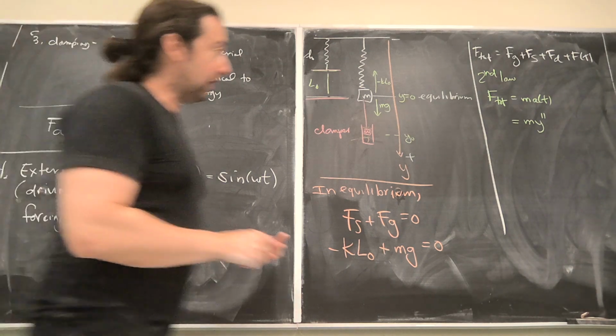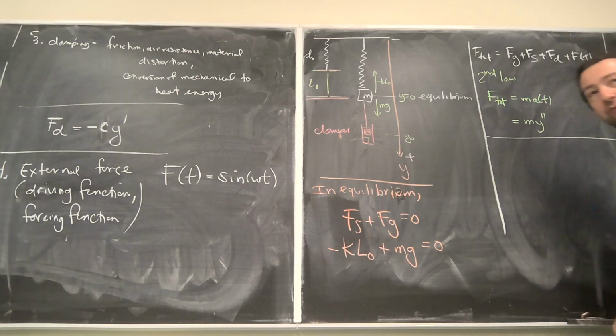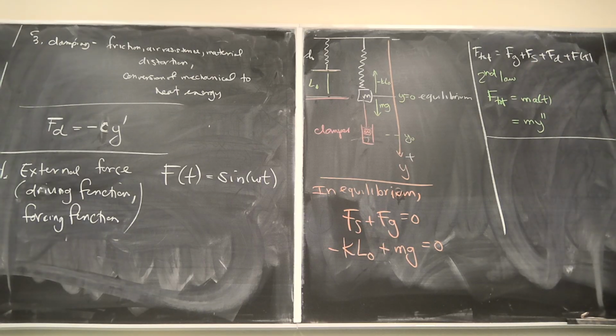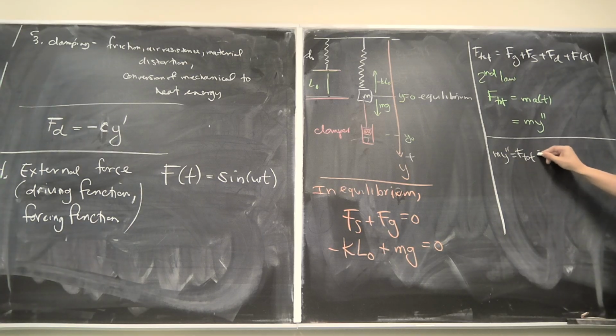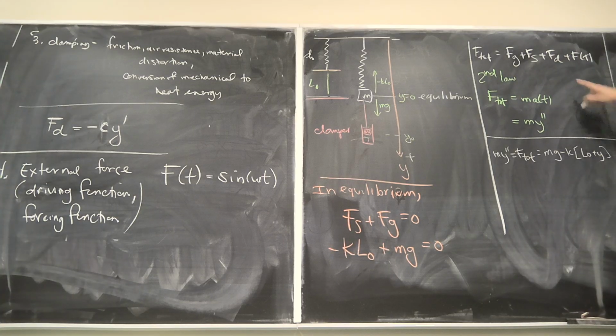So if we chain those together, in a move that may be familiar to you if you've ever done endless derivations in a physics class, we're going to write down that my double prime, which is equal to the total force, is also equal to: force of gravity was mg, the spring force was minus k times L naught plus y, the damping force was minus c times y prime, and then we have this f of t term out here.